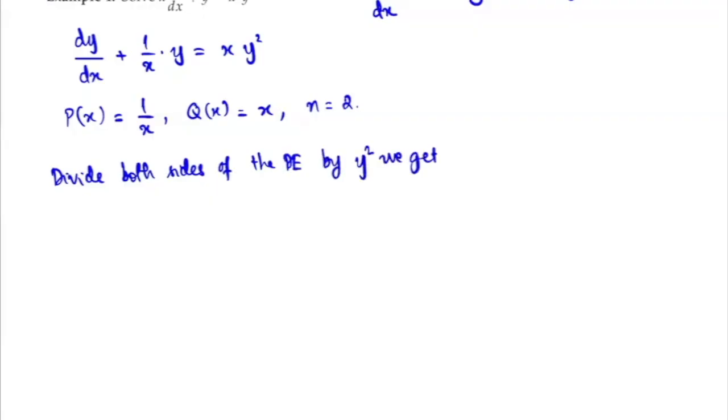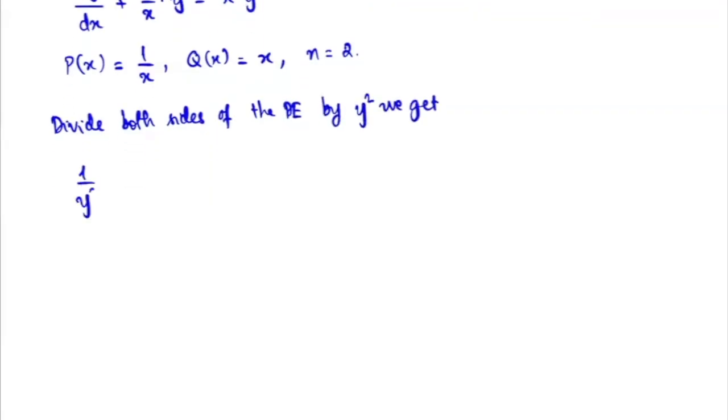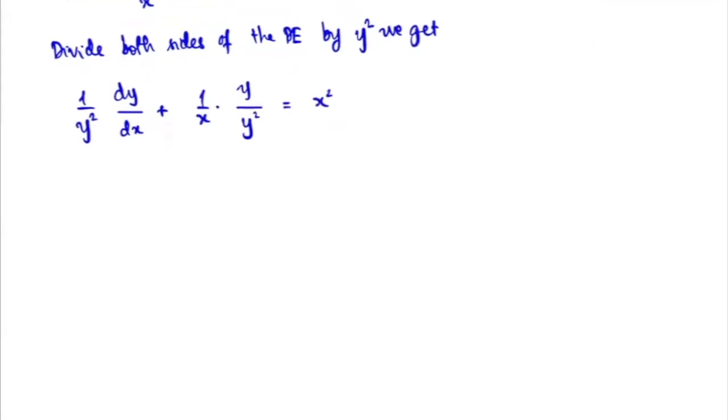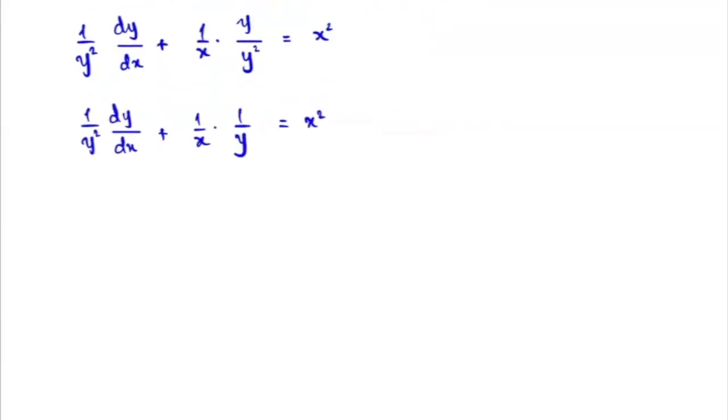We get 1 over y squared times dy/dx plus 1 over x times y over y squared equal to x. And then you simplify the middle term: 1 over y squared times dy/dx plus 1 over x times 1 over y equal to x. And the substitution is going to be this 1 over y.